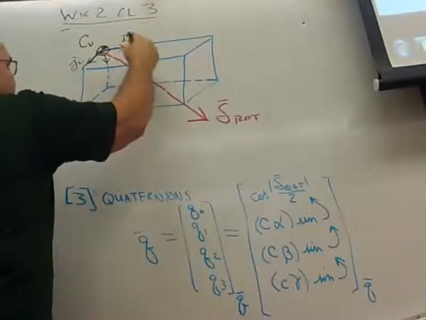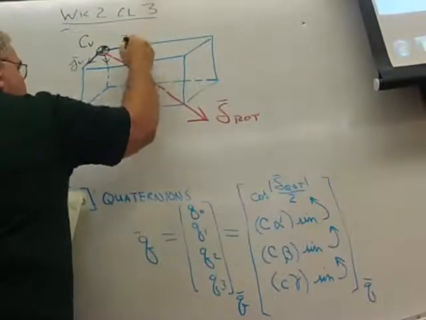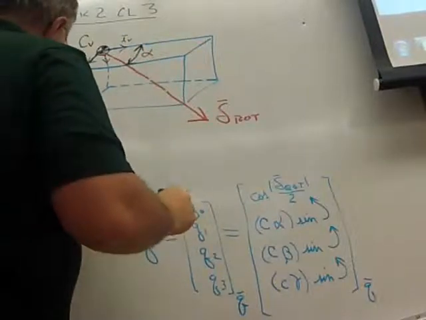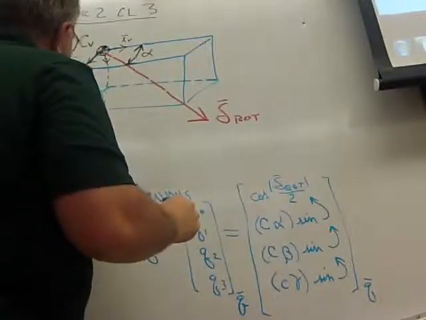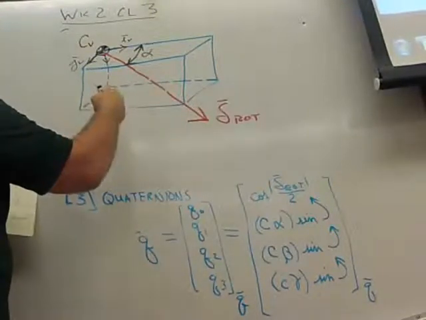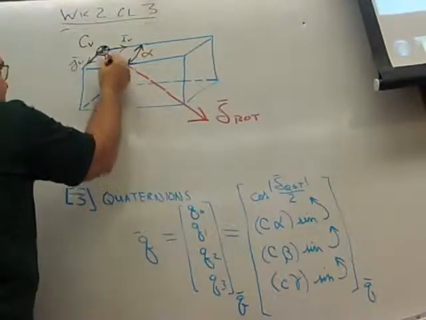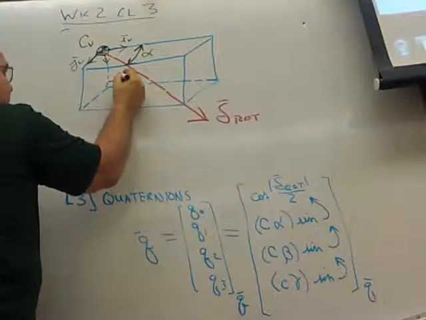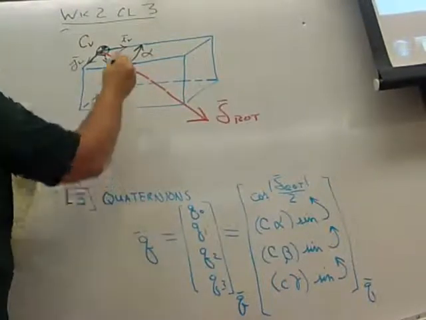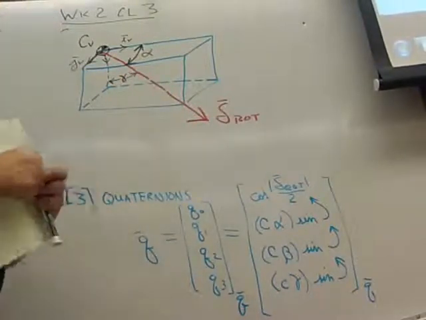So the first angle, of course, is going to be this one between IV and del Rot, and that's going to be alpha. And the second angle, beta, is going to be between del Rot and the J vector. I'm not going to show that one, but I'll show you the third one. So the third one is going to be between the K vector, and the gamma will be like so. And beta is going to be between the JV vector and the del Rot vector, and it's not shown.